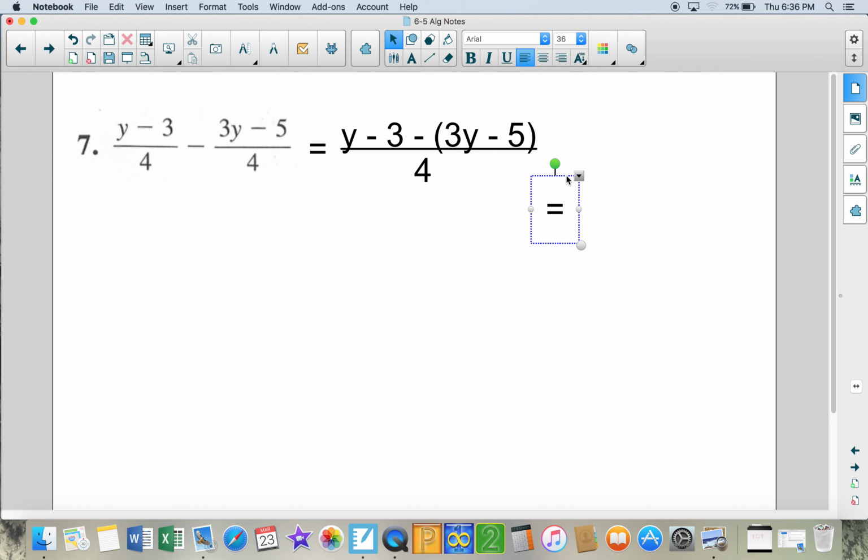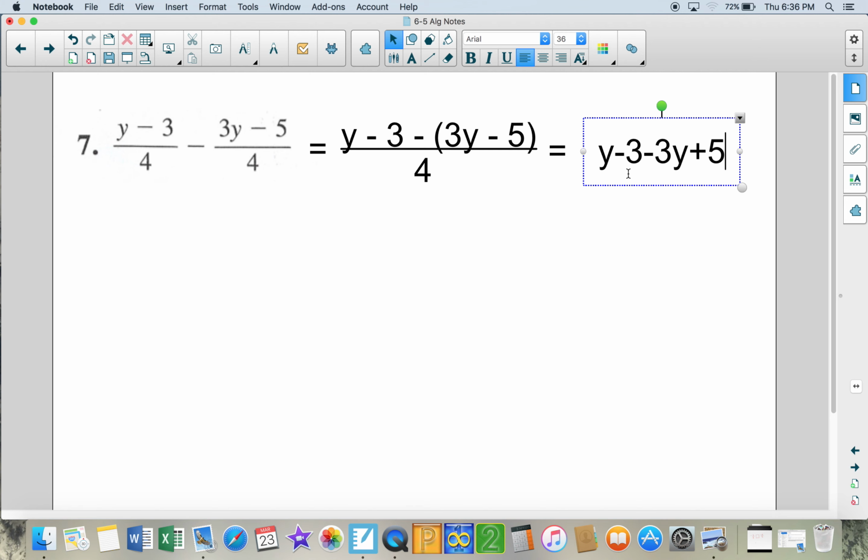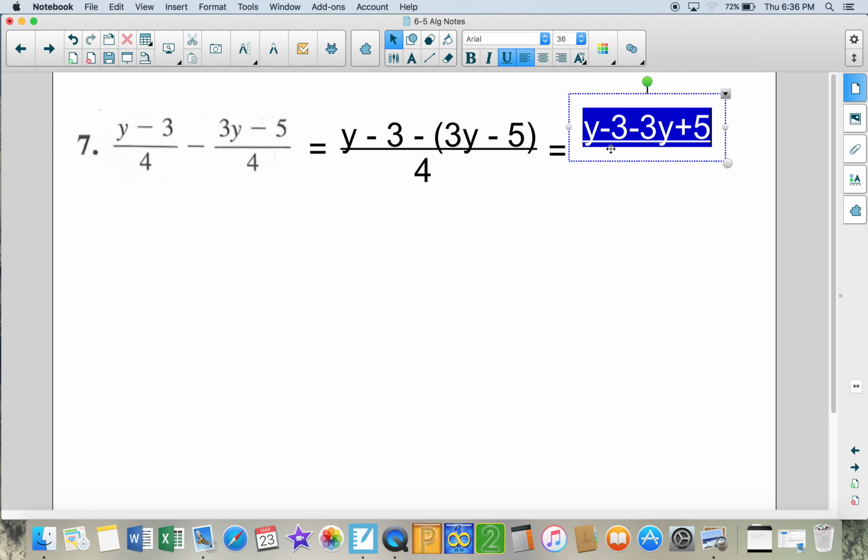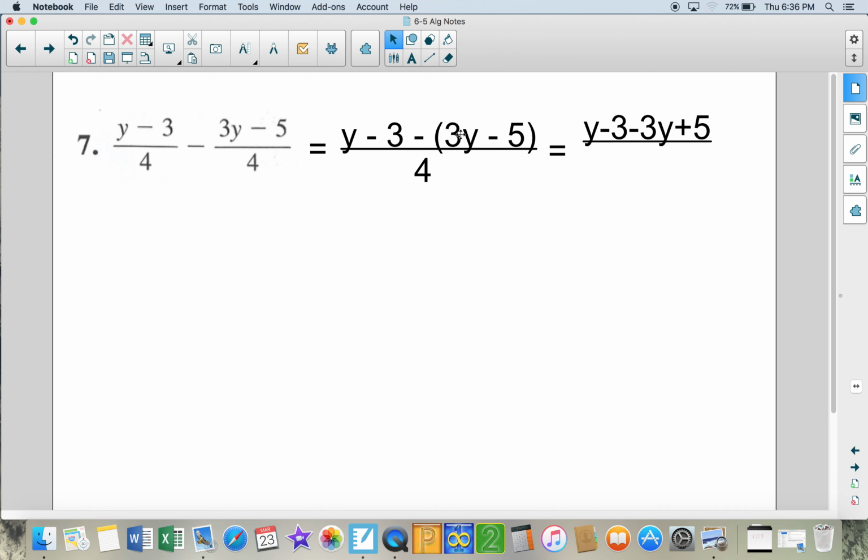So that's now going to become y minus 3 minus 3y plus 5. We're distributing that negative to the other two terms. Negative into 3y makes negative 3y. Negative into negative 5 makes positive 5.